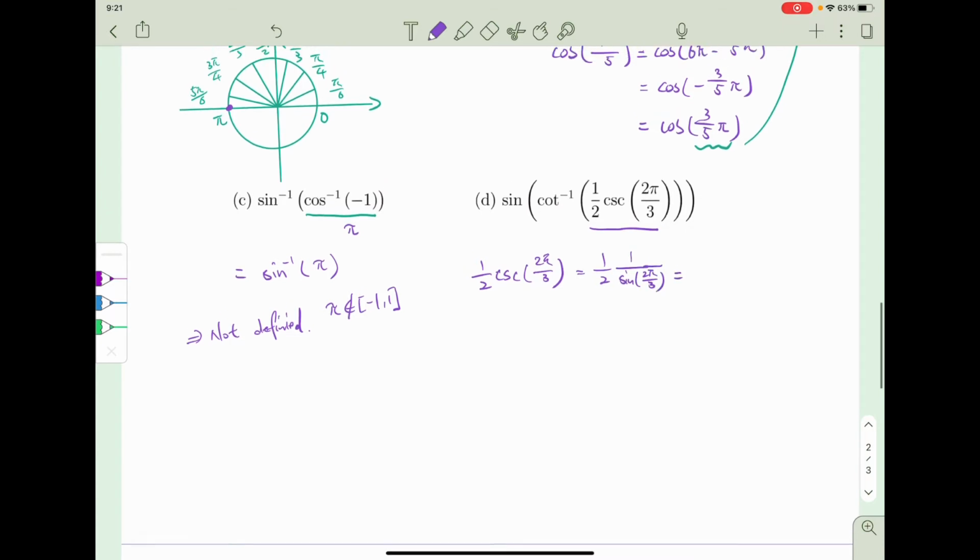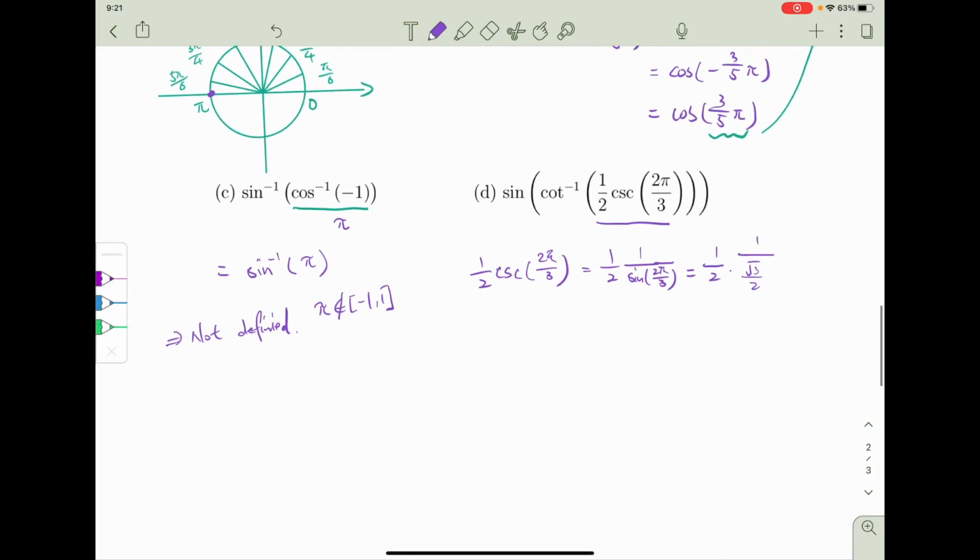Right. And you look at the value table, this is 1 over 2 times 1 over square root of 3 over 2. So that is equal to, this 2 cancels with this 2, right? So this is equal to 1 over square root of 3.